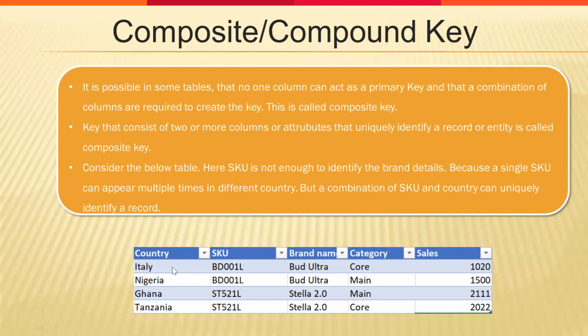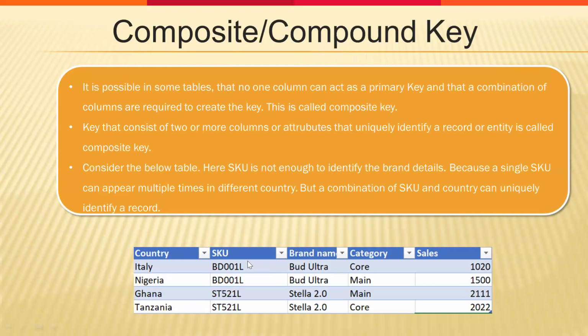Okay, you can see here: country, SKU, brand name, category, sales. Here SKU is not unique. Sometimes we might have duplicates. Duplicates in the sense that one country has the same products, and another country also has the same product. For the same product, we have only one SKU.